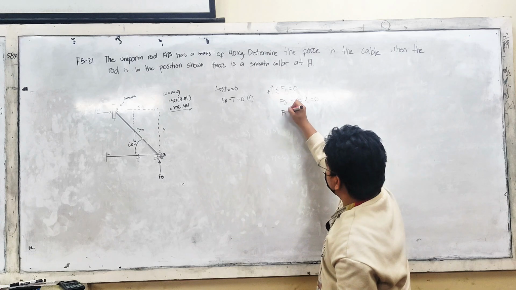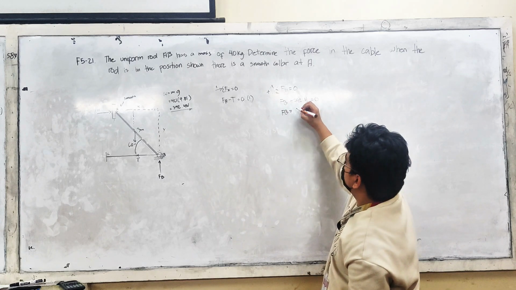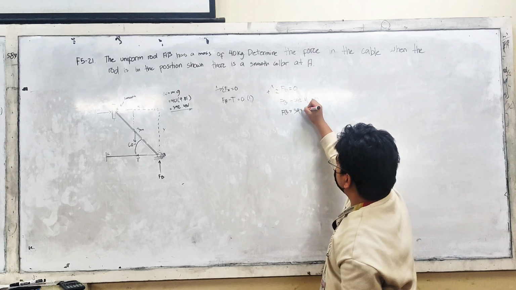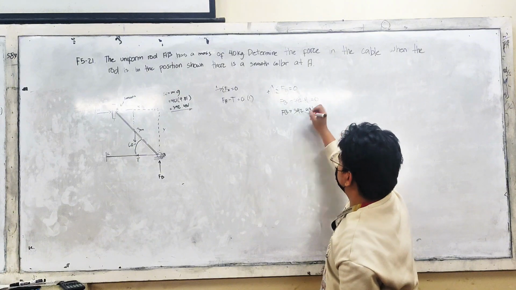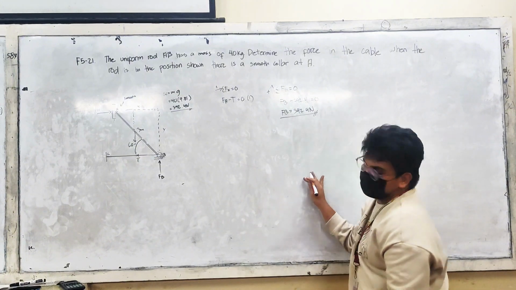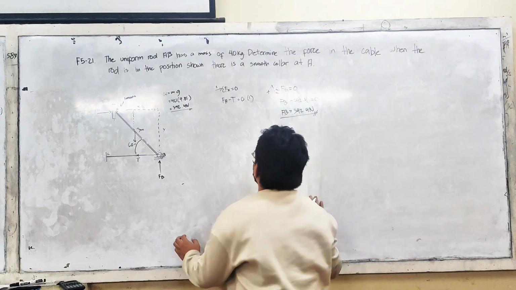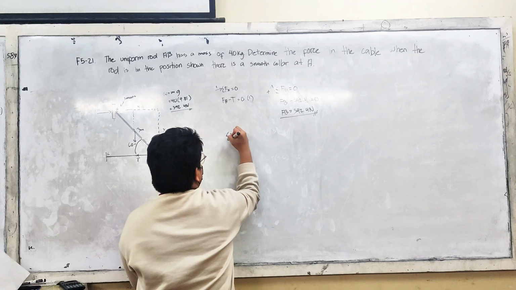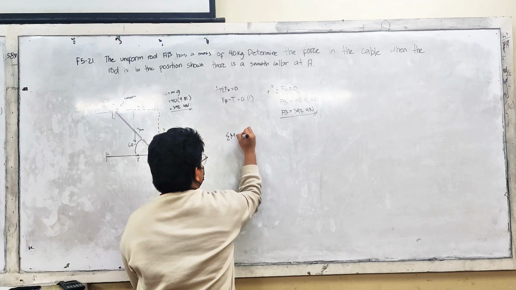So our FB is equal to positive 392.4. Here is our result. Now we are going to solve for our moment at A.